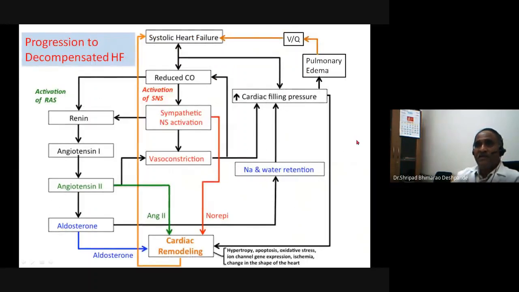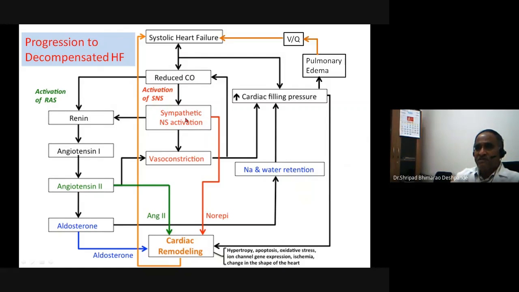Now coming back here, if you are looking at how the progression leads to the decompensated stage of the heart failure, look here. We start from this point. Systolic heart failure, reduced cardiac output, increased sympathetic activation.